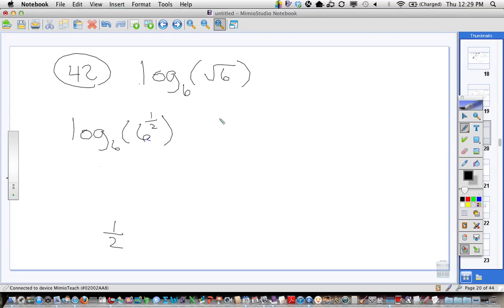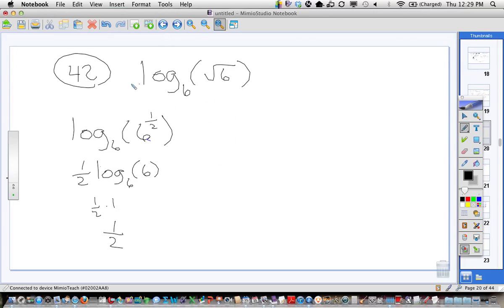All right, but here's the property that's real handy for us this year that I want to make sure everybody understands. What can I do with this 1/2? Pull it out front, okay? This comes in so handy, and we use this a lot, that I want to make sure everybody gets that. And now log of 6 base 6 is just 1. So 1/2 times 1, and that's just 1/2. Okay? So that's one way to do it.